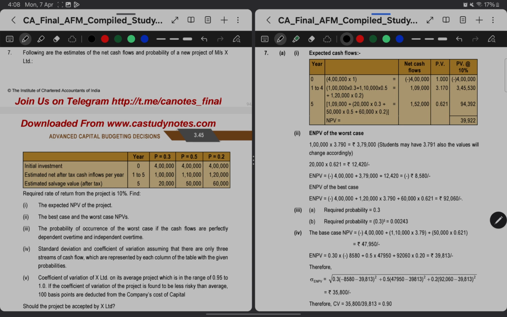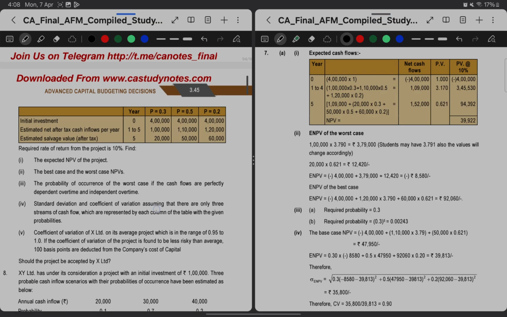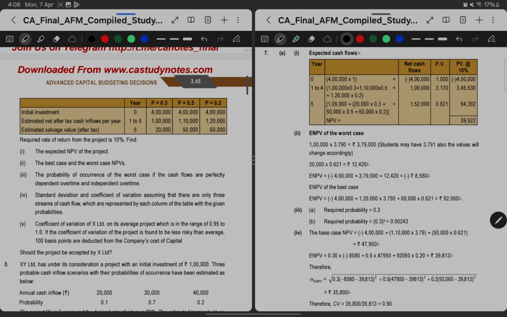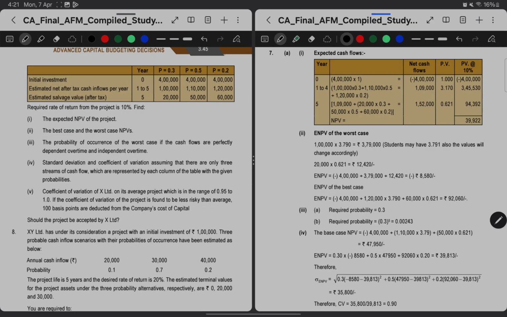Then they are asking for best case and worst case NPVs, so that also we'll see. Then the probability of occurrence of the worst case if the cash flows are perfectly dependent over time and independent over time. The worst case scenario is decided by when we have the least cash inflows.